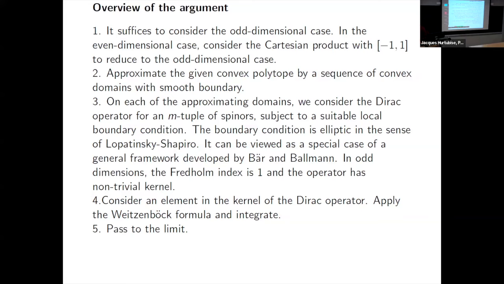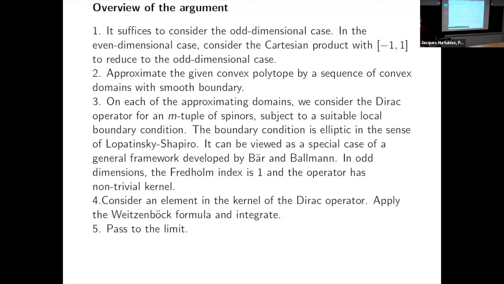But the important point is that the boundary condition is elliptic in the sense of Lopatinsky-Shapiro. So it's a nice elliptic boundary condition. And so the Dirac operator with this boundary condition has the Fredholm property, and you can compute its index. Now, this is where the parity of the dimension comes in.